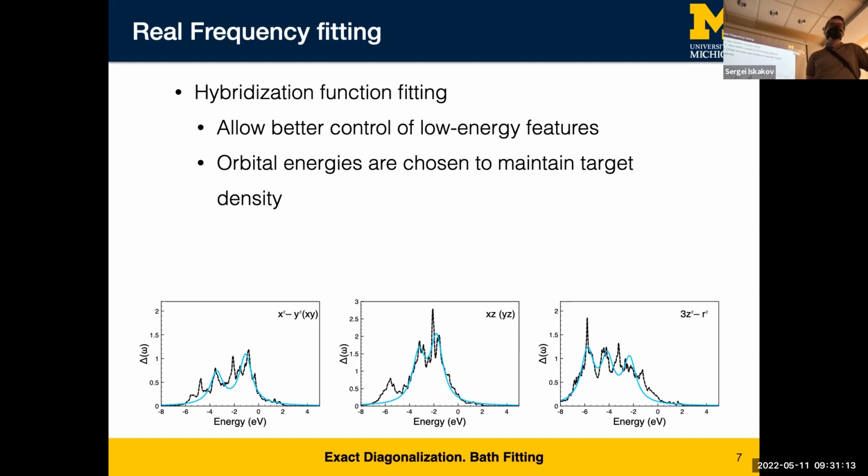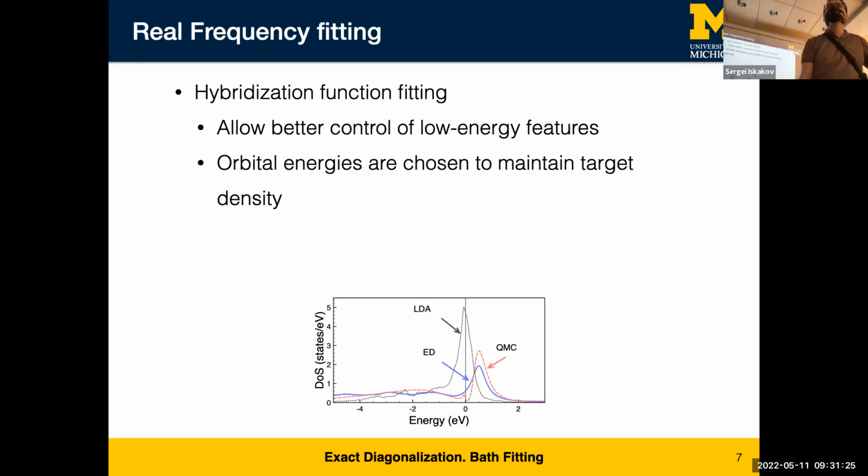Then you choose this epsilon I in a way that you can get the proper density from the impurity problem. And when we compared it to the QMC results, the position of the main peak is more or less captured by ED versus QMC. The small energy features, of course, you cannot get from ED because you have a discretization problem.